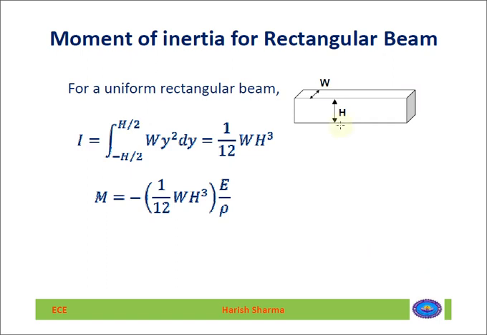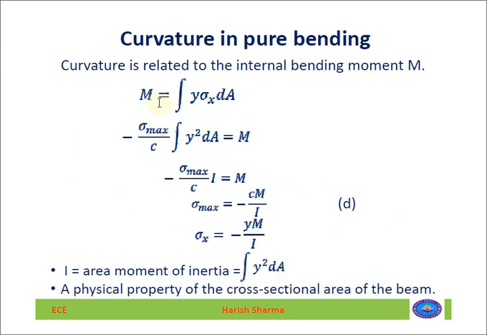Just take a rectangular beam with height h and width w. So what is the moment of inertia I? We have already discussed that the moment of inertia is the integration of y square dA.